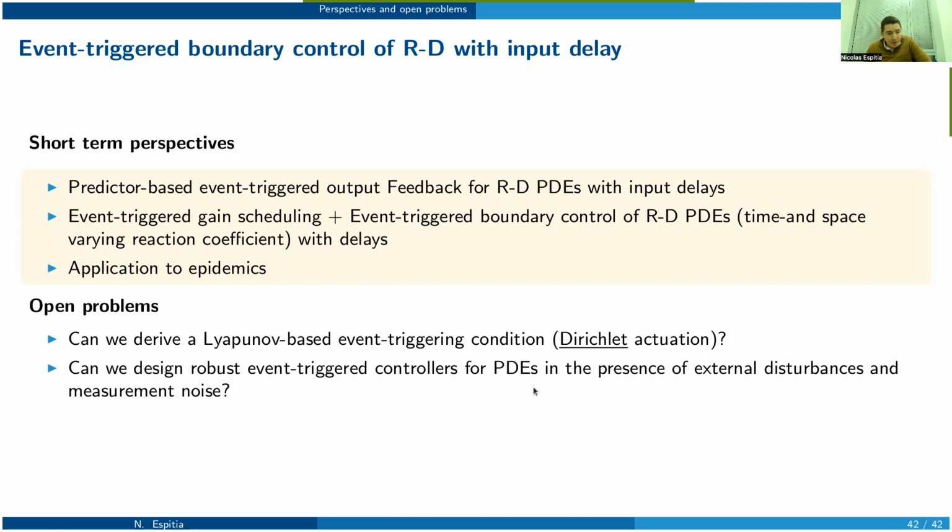And another open problem is the design of robust event triggered controllers in the presence of external disturbances and measurement noise. This is critical because external disturbances, for example, can induce the Zeno phenomenon.